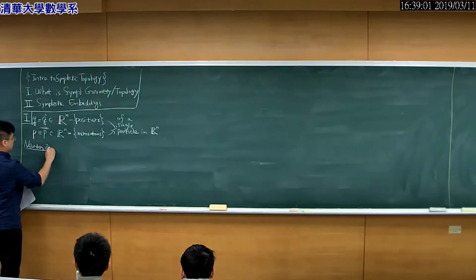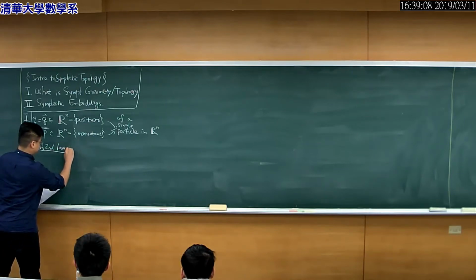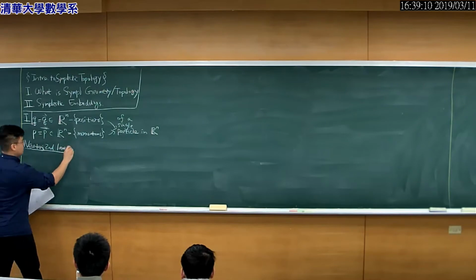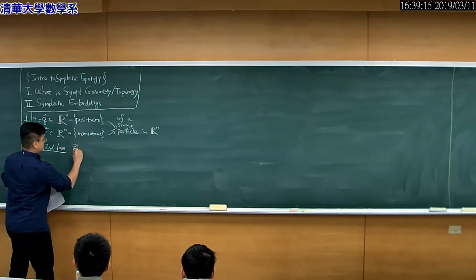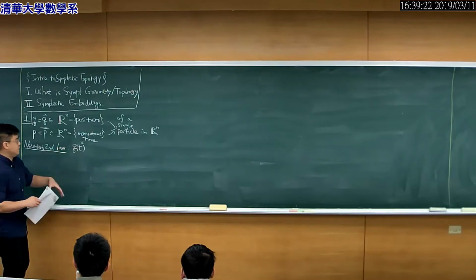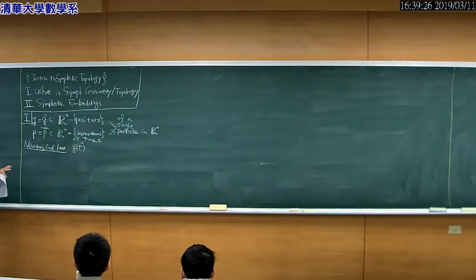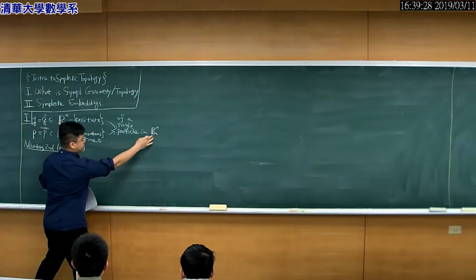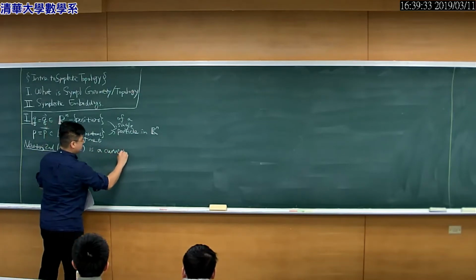Okay? So classical mechanics tells us the motion of this single particle is controlled by Newton's second law, which is very easy. So Q is the position, and t is the time. The position of this particle Q at time t is a curve in R^n.